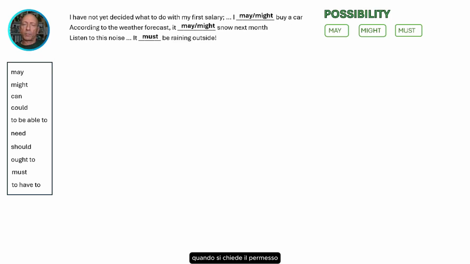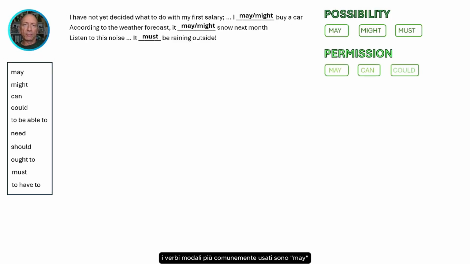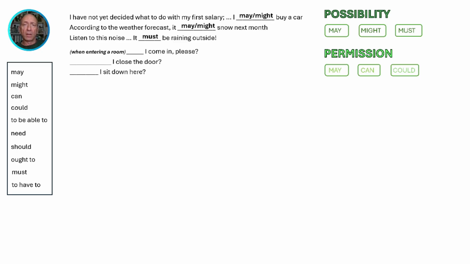When asking for permission, the modal verbs more commonly used are may, can, and could. Look at the examples. When entering a room, maybe the room of your English language examination, to ask for permission to get in, students usually say, "May I come in, please?"